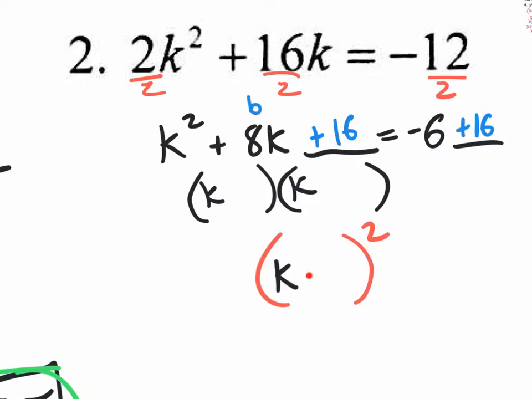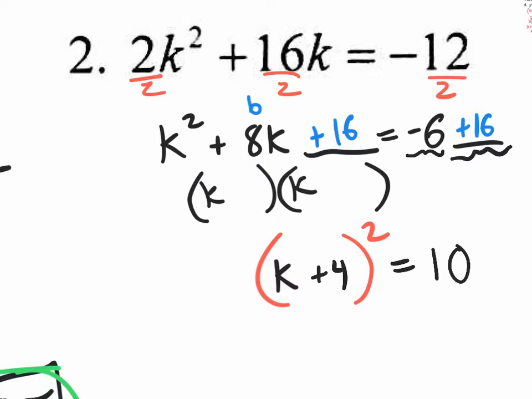What's your b value? 8. What's half of 8? 4. Since that's a positive 8, it's going to be a positive 4. So everybody put a plus 4 right there. Equals what? What's negative 6 plus 16? 10.